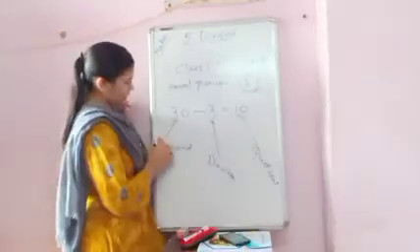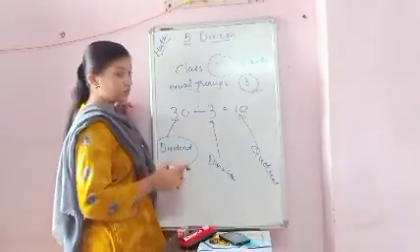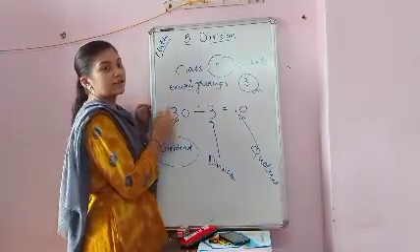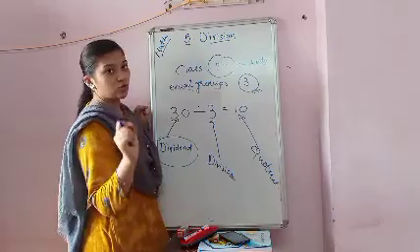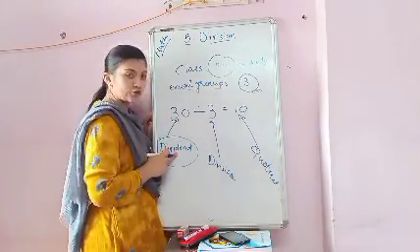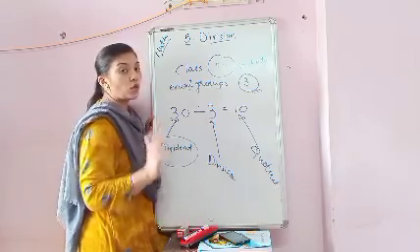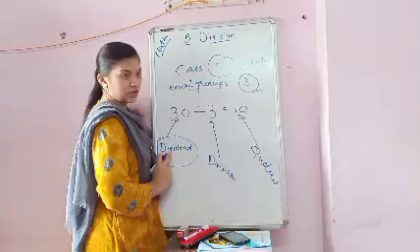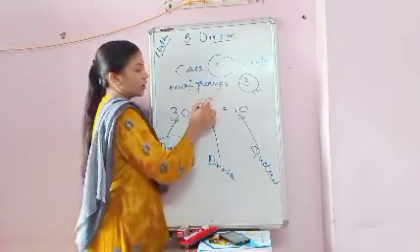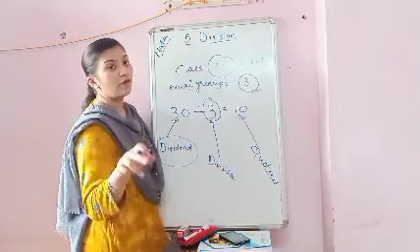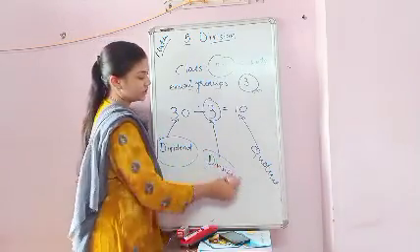Okay, so what is the dividend? The number which you have to divide. The number that you have to divide, for example I have to divide 30 students, so we will call it the dividend. Which number you have to divide, that is called the dividend. Next, the number with which you have to divide is called the divisor.